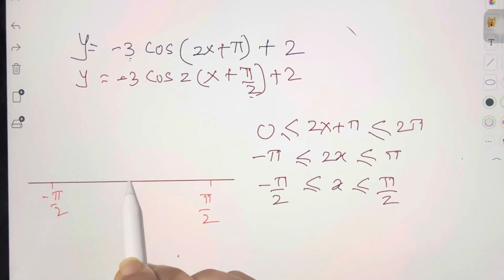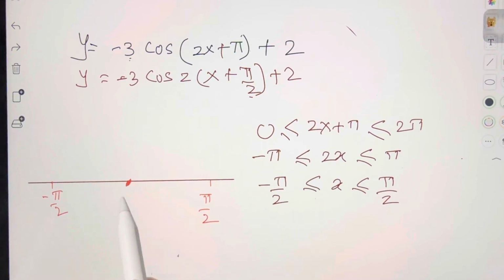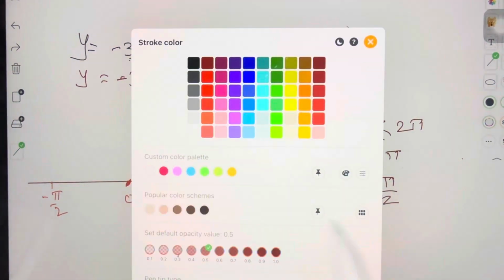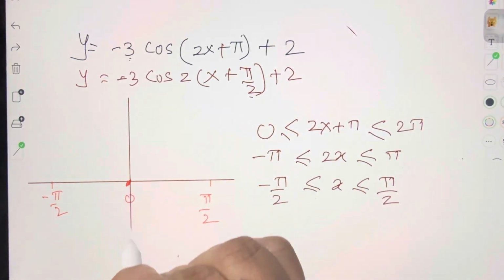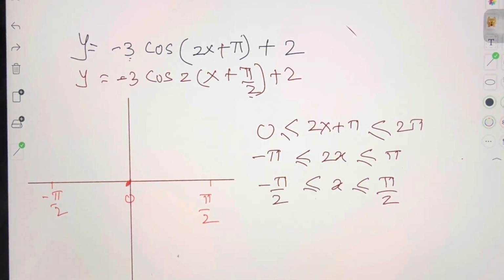So we can see that my y-axis will be here easily. If I add them and find the midpoint, that will be 0, which will be my y-axis. That's the reason I do not write the y-axis. What will be the midpoint here?